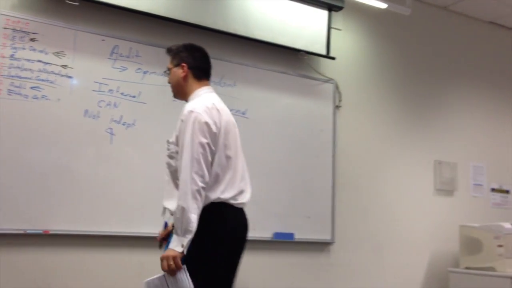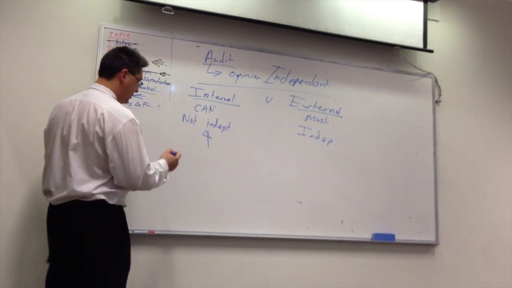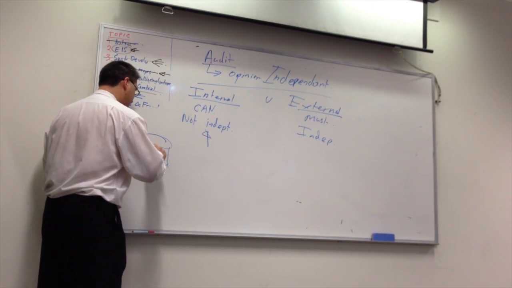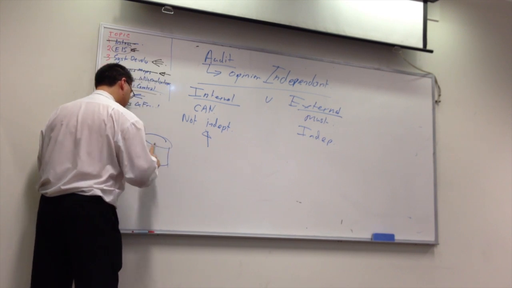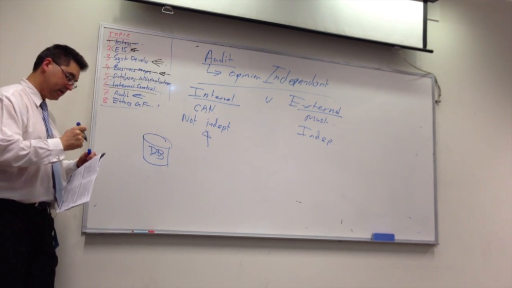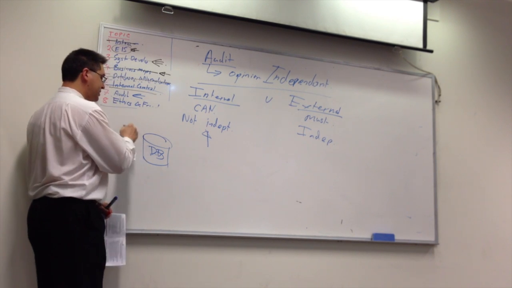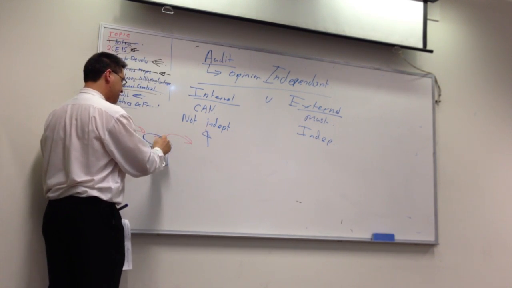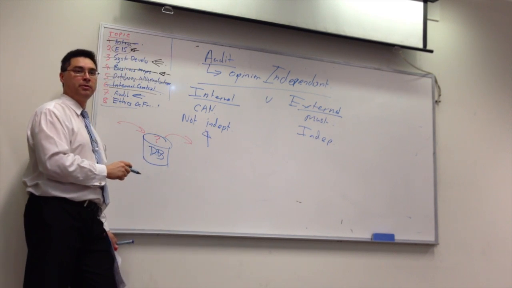Why is audit in a database subject? It's simple because in the old days, you could audit the stuff that went in, you could audit the stuff that went out, and who knows what happened in here. That wasn't important.